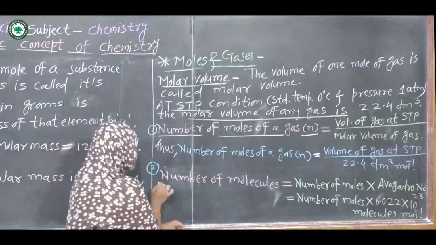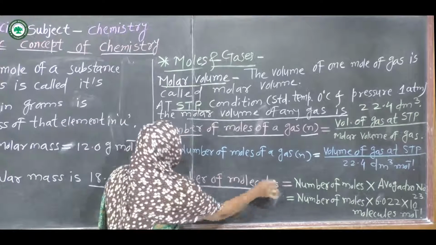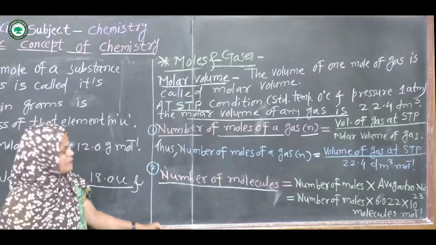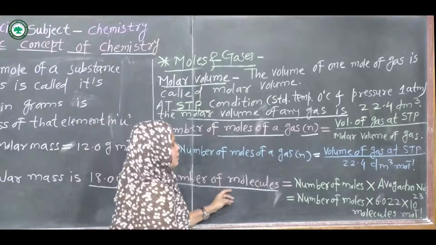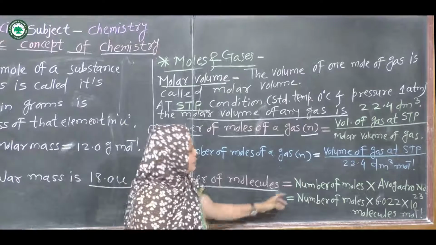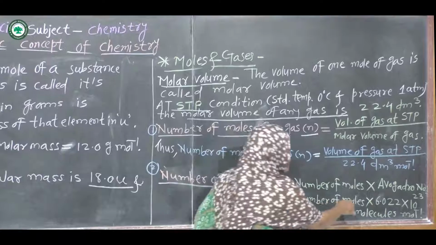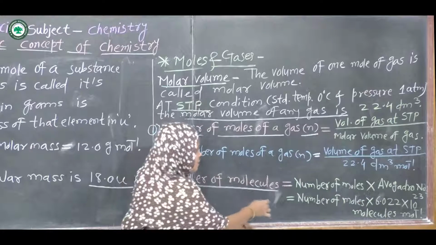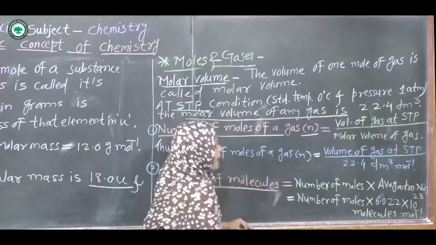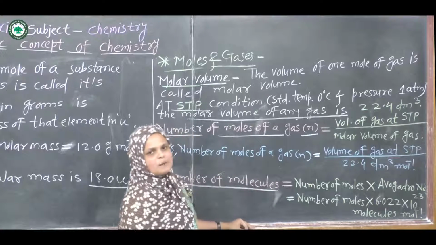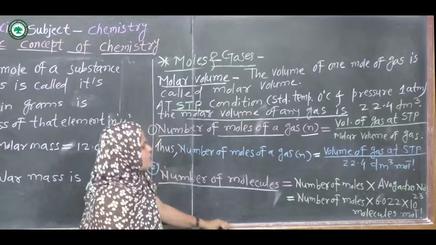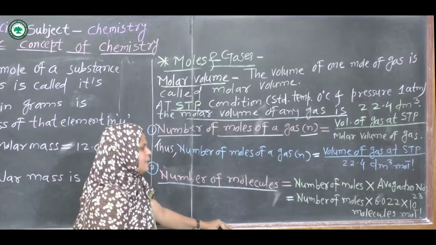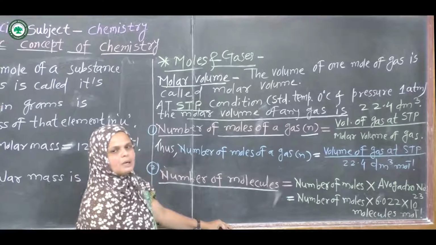Next formula we see here, what is the number of molecules. How to calculate the number of molecules. Number of molecules is calculated by using the formula: number of moles multiplied by Avogadro's number, and we know that Avogadro's number is equal to 6.022 × 10²³ molecules per mole.